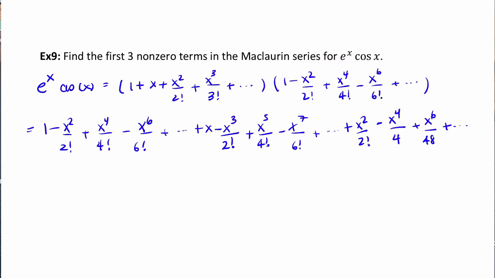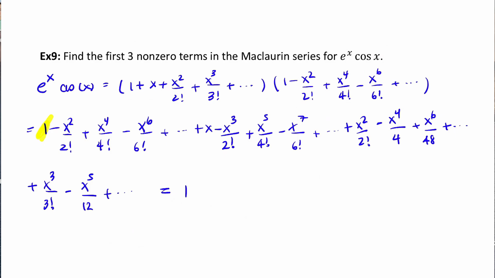I get plus x cubed over 3 factorial minus x to the 5th over 3 times 2, you get 6 times 2, you get 12, and so on. Let's see if this is enough, okay? Now, what do I get? This will be equal to my constant term, which is 1. I have it here. Then what happens to the linear term?